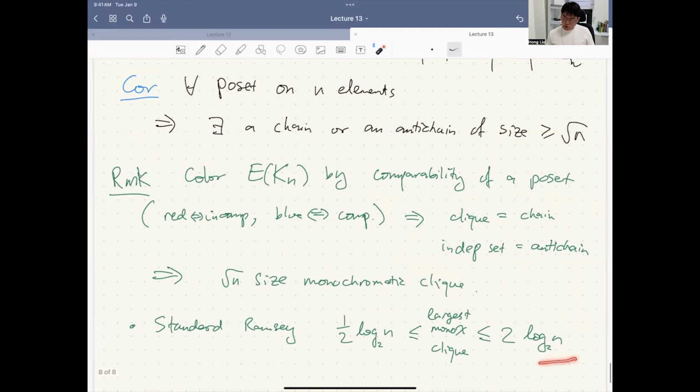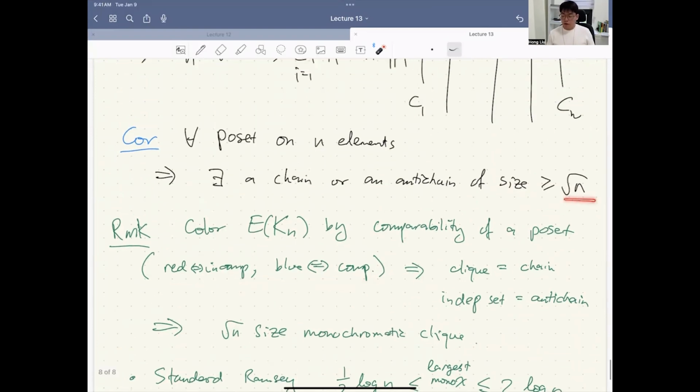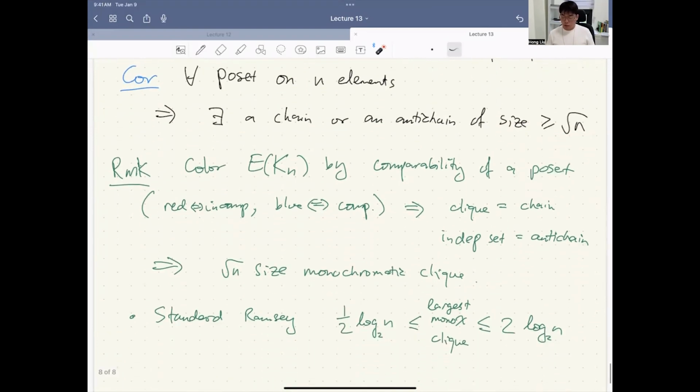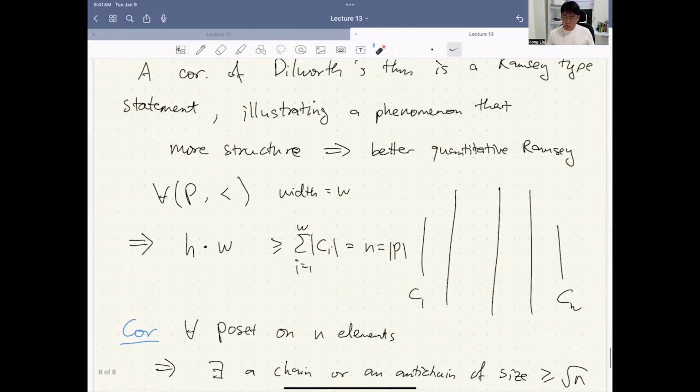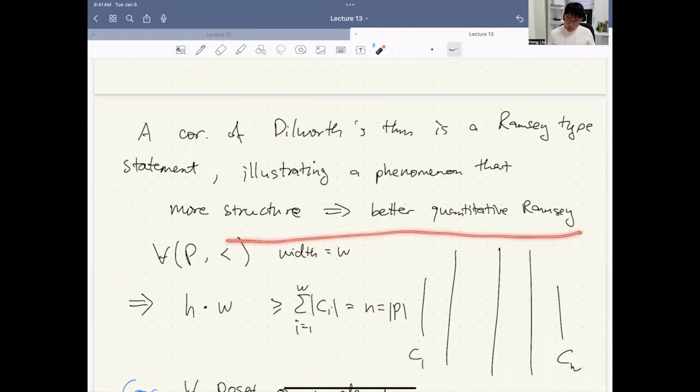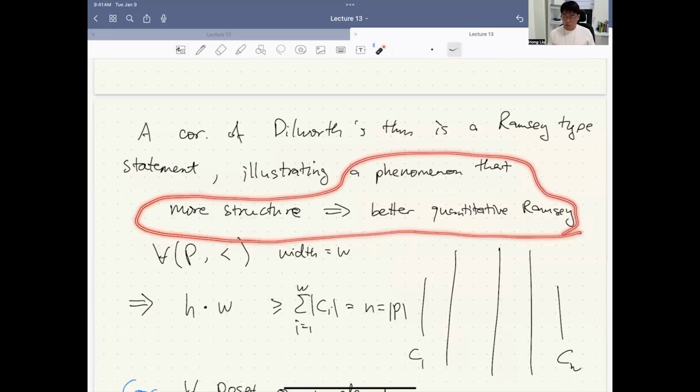So for generic coloring, we cannot do better than logarithmic. But here, once the coloring is associated to this poset structure, you have polynomial square root n, much, much larger than this. This is what I mean here. This phenomenon is intuitive. When you have more structure, the coloring associated to a poset, you have better quantitative Ramsey.